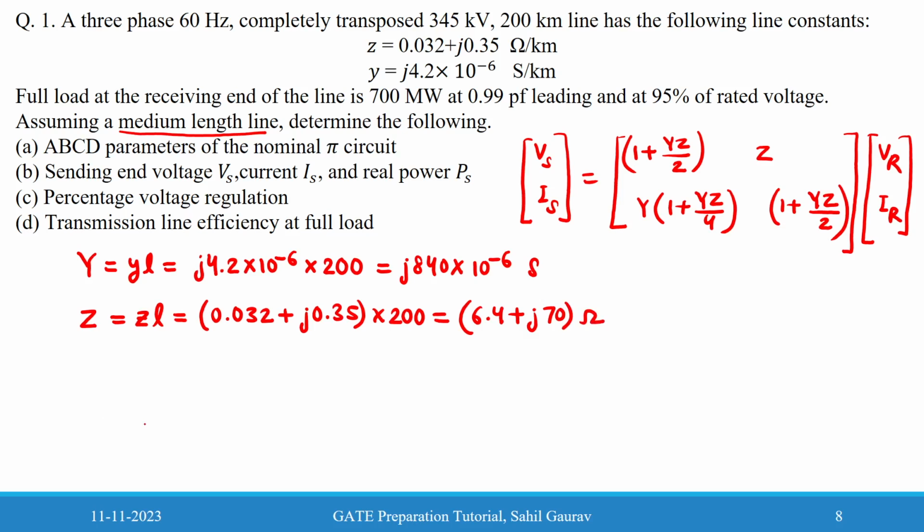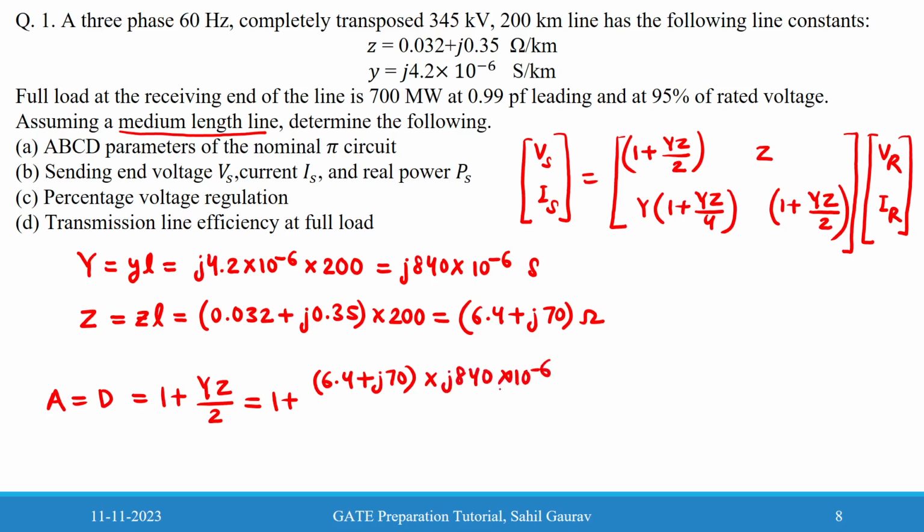Now we are going to find these two parameters. A is equal to D. So this is 1 plus YZ divided by 2, 1 plus (6.4 plus j70) times j840 times 10 to the power minus 6, divided by 2.